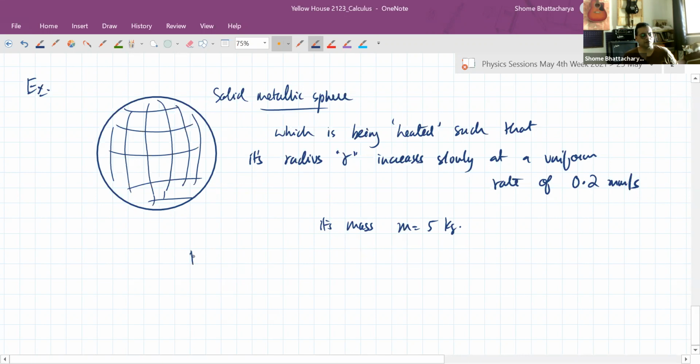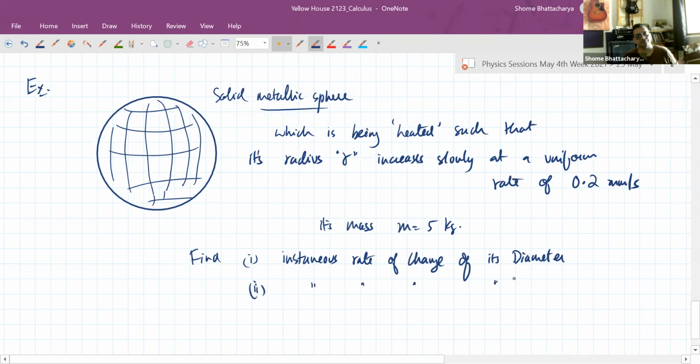So we have to find the instantaneous rate of change of its diameter, instantaneous rate of change of its surface area, instantaneous rate of change of its volume, and the instantaneous rate of change of its density.